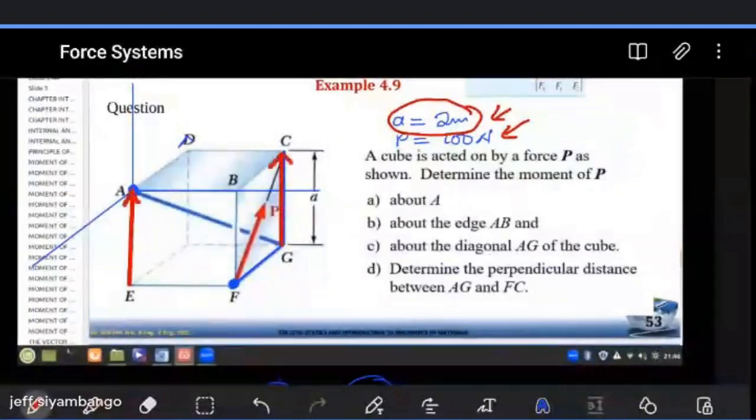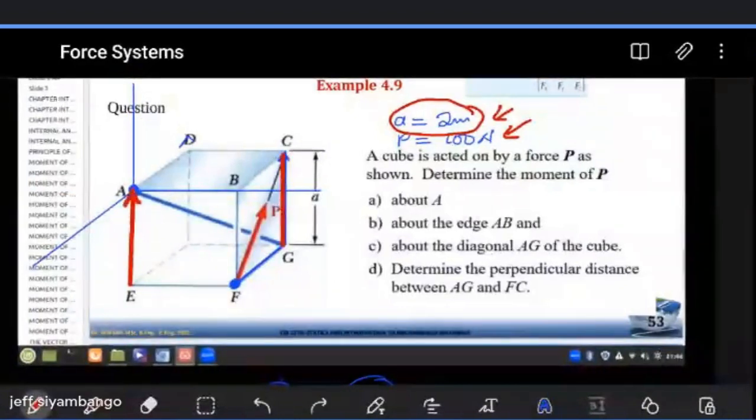But the one that was negative, if you followed, was from A to F. It's important where you're coming from and where you're going. From A to E, you're going down. From G to C, you're going up. Clearly, they don't have the same sign. Can you see that?